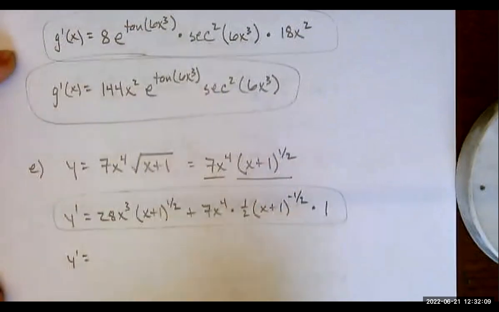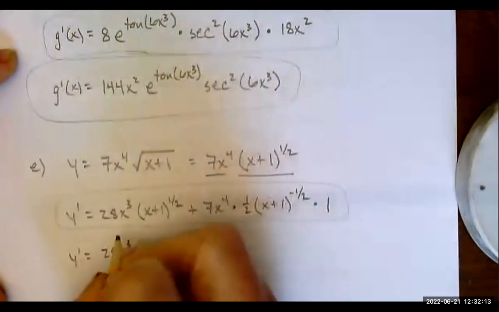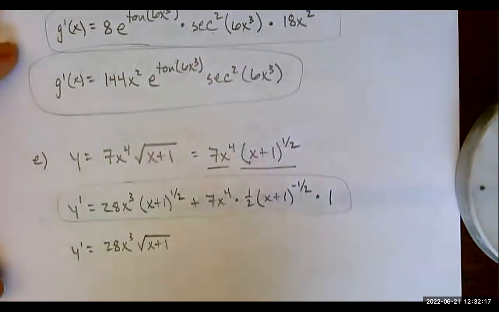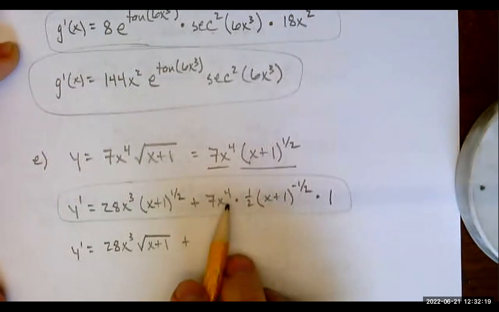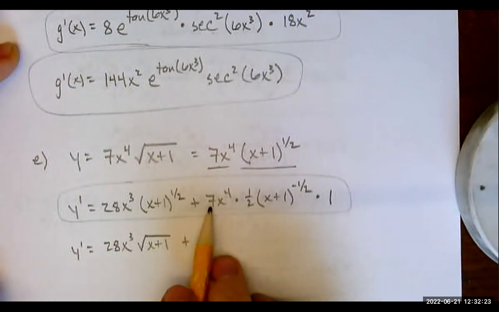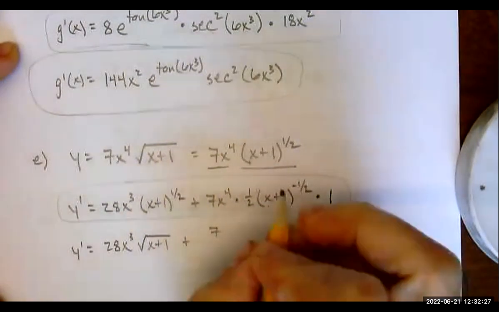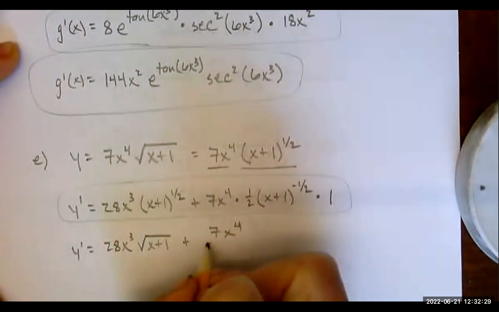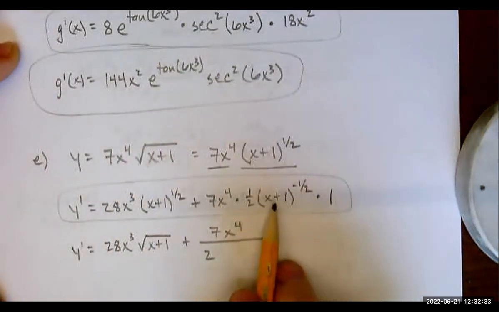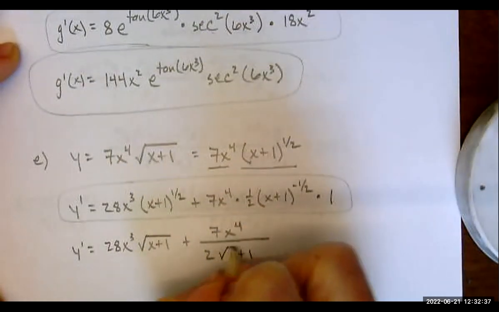Simplified. Let's see what we can do. 28x cubed. I'm going to rewrite it back as the square root. Plus, here I've got a fraction and this negative exponent. How about this? I'm going to say 7x to the 4th over, put the 2 down here, and this negative exponent can drop to the bottom, and I'm going to turn it back into a square root at the same time.